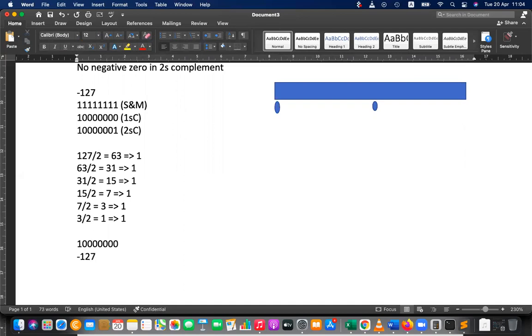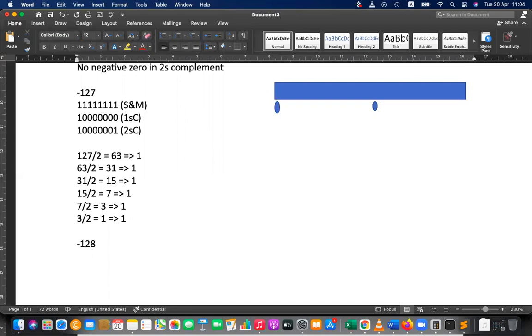And then you have to add 1, or subtract 1 first, whatever. This is minus 127, and subtracting 1 gives minus 128. The removed negative 0 will be added to the scale, and that will become minus 128. So that's what happened in 2's complement.